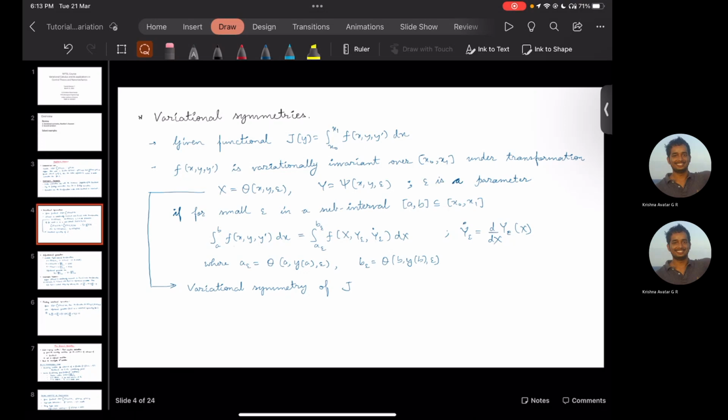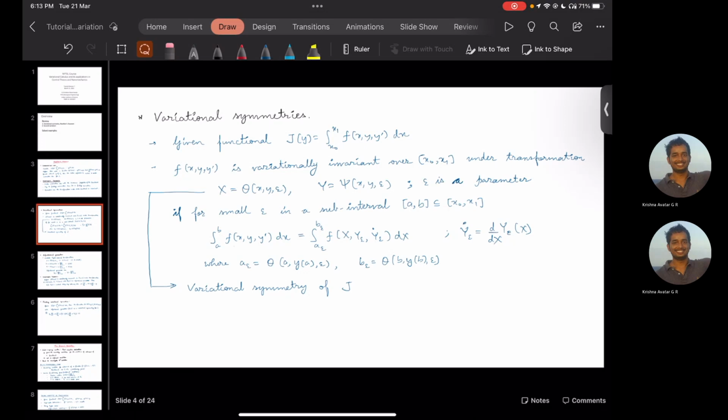the integral from a to b of f of x, y, y prime dx is equal to the integral from a epsilon to b epsilon of f of capital X, capital Y epsilon, and Y dot epsilon dX.